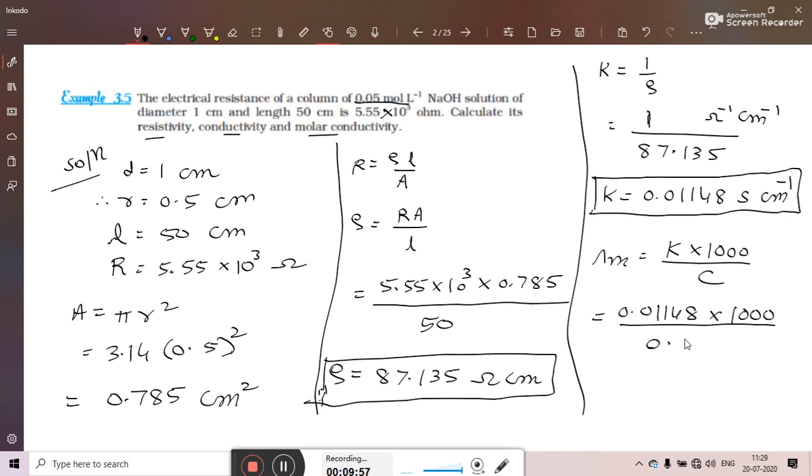So that will be equal to 229.6, and the unit of lambda m is Siemens centimeter square mole inverse. So our answer of lambda m is 229.6 Siemens centimeter square mole inverse.